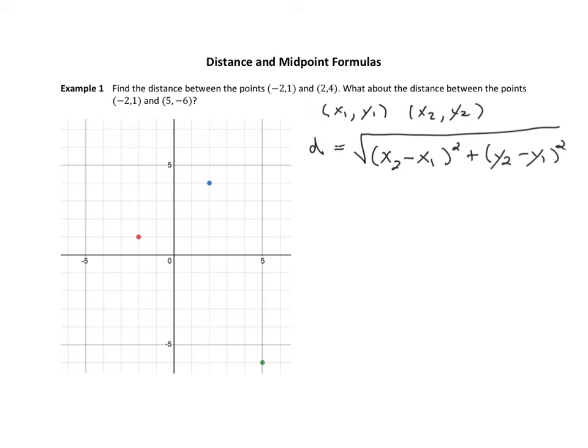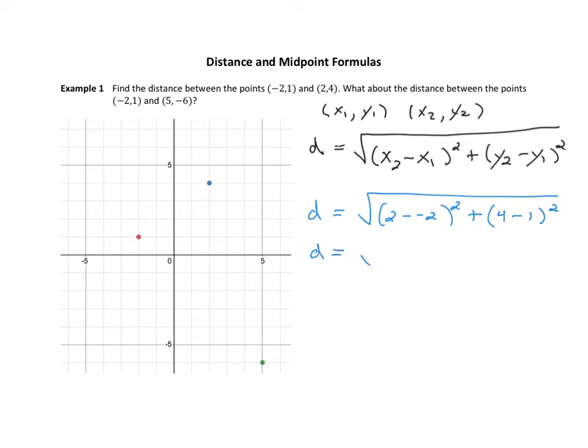So here the distance is the square root of, we first take the difference of the two x values. So I'm going to go 2 minus a -2, and then you square that. We add on to that 4 minus 1, the difference of the two y values.